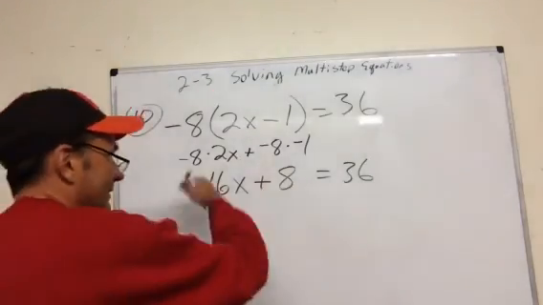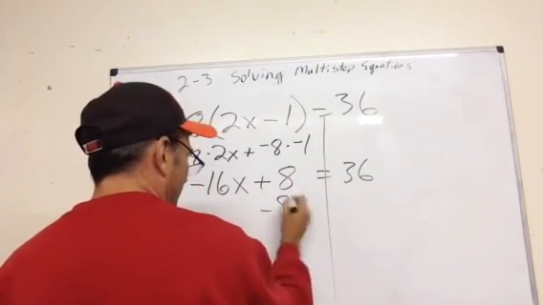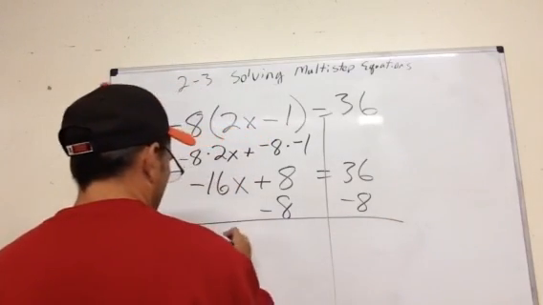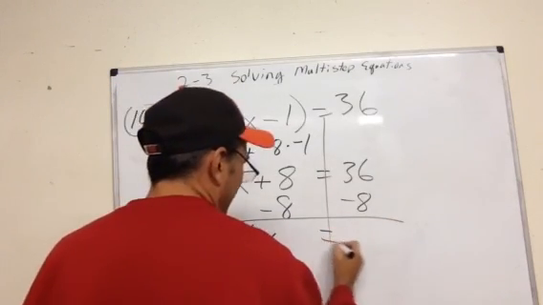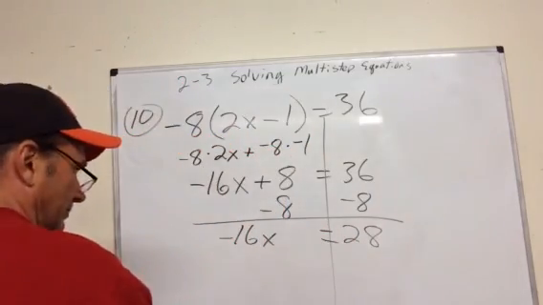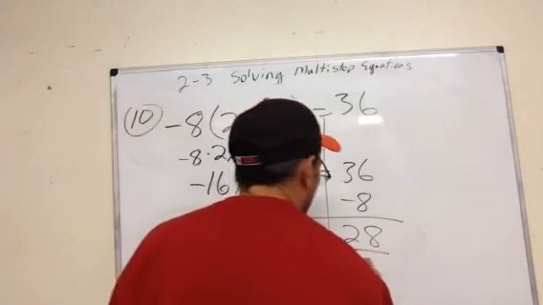We still have the x's on the left-hand side, so we want to add opposites to take them away. Adding negative 8, negative 16x equals, I think, 28. We now divide by negative 16.